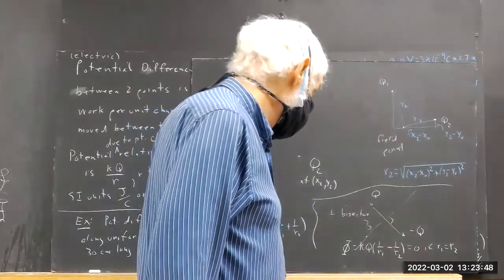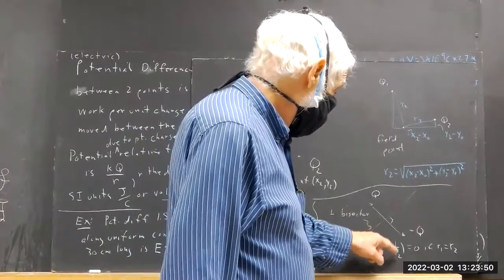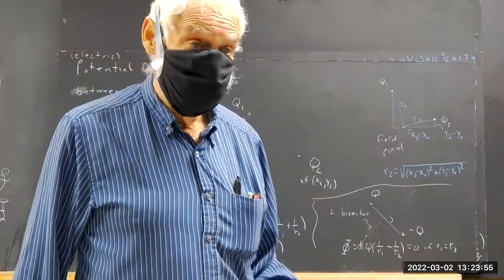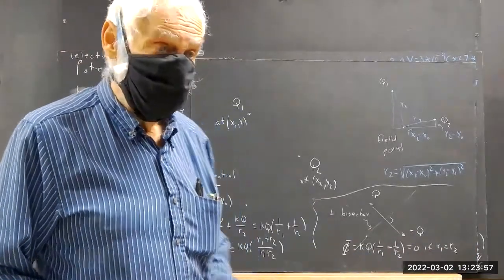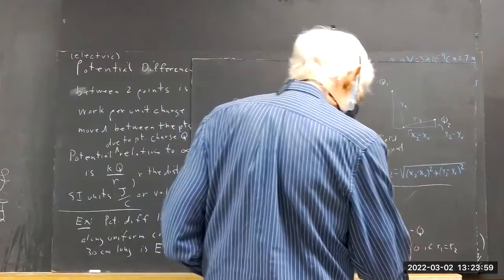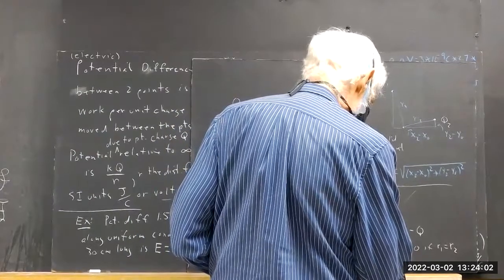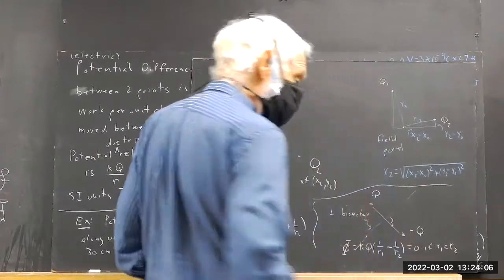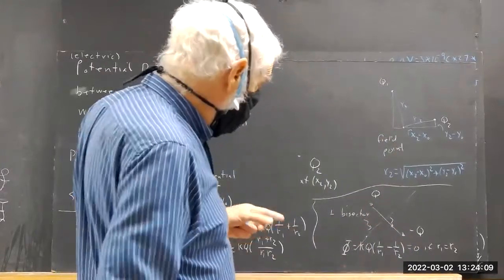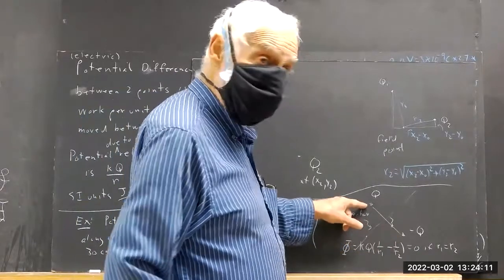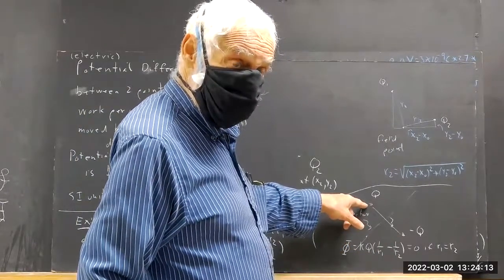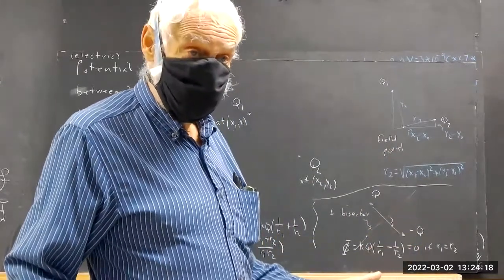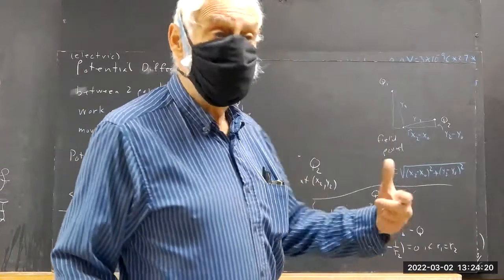And there are other lines. 1 over R1 minus 1 over R2 equal to any constant gives you a line, or gives you a curve. Okay, so like if you're here, maybe twice as close to this one as you are to this one. At every point where you're twice as close to this one as you are to this one is another, call it an equal potential line. The potential would not be zero, but it would always be the same.